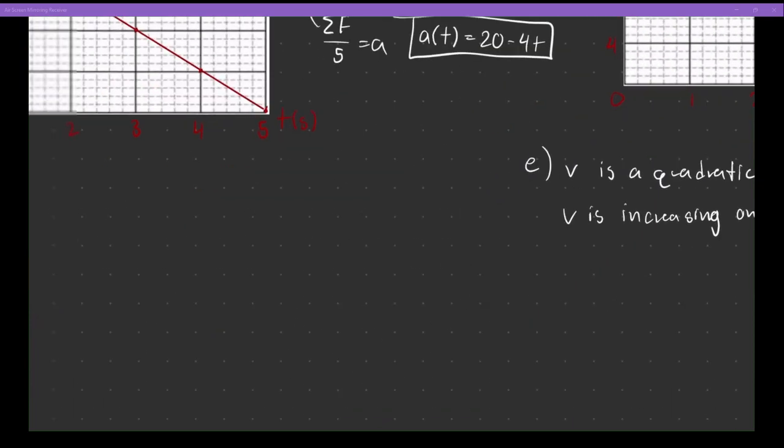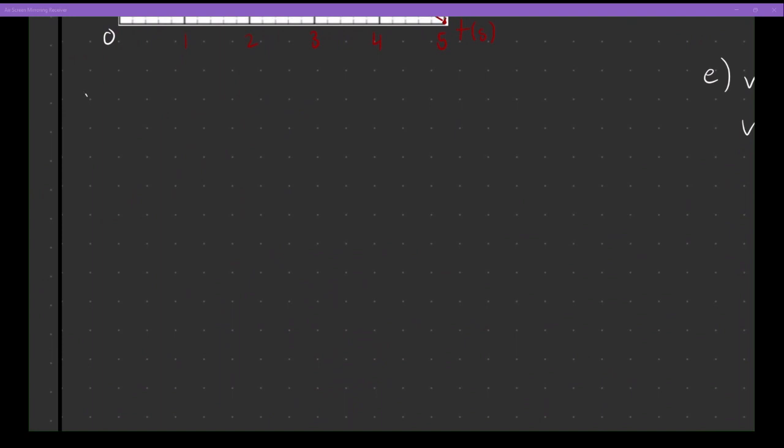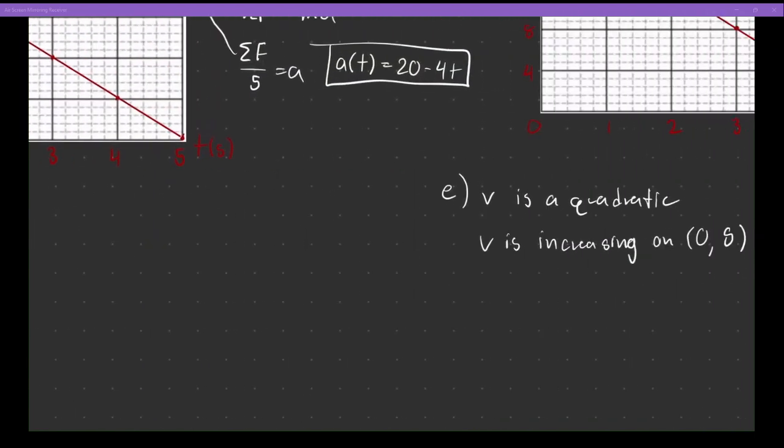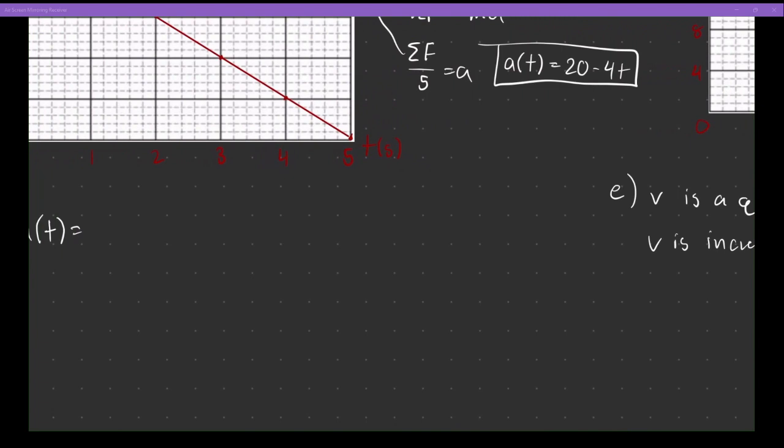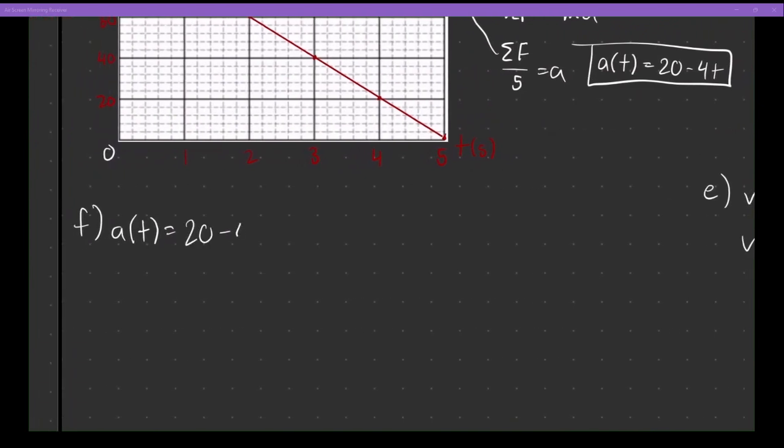Part F asks for a function for the instantaneous velocity at time t. The acceleration function was, let's see, 20 minus 4t. Integrating acceleration gives you velocity, so I would integrate this.